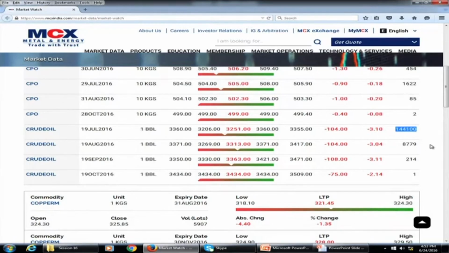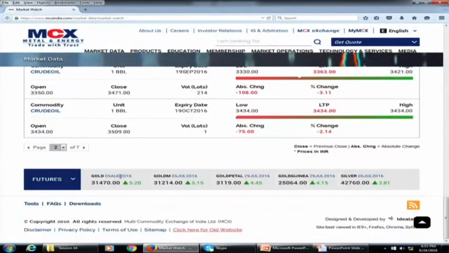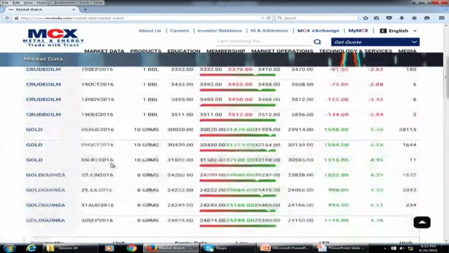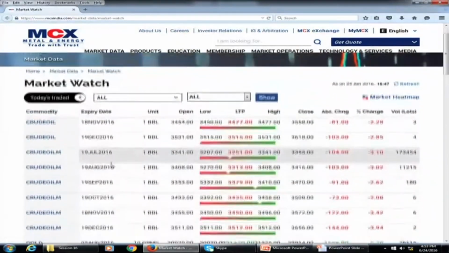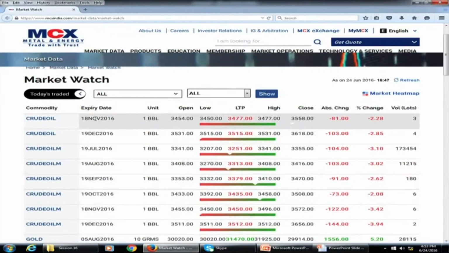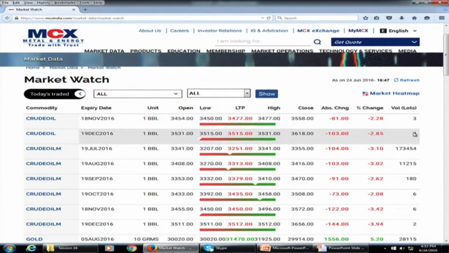Now the next contract is the August contract. Similarly, you have 8,779 lots in the September contract, and the October contract has traded. Let's see whether the November and December contracts trade or not. Let's go to the next page. Yes, you have November and December contracts also trading today, but the volume is very low. Only 3 contracts since morning have traded and 4 contracts are traded.